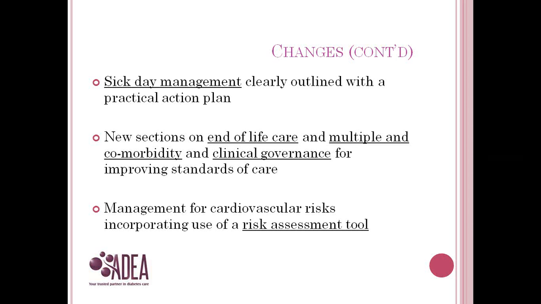Other changes are end-of-life care, which is not a significant aspect of clinical care. And this is a completely new section, which is now section 15 in the document, which will assist people to understand some of the issues that need to be applied to that particular clinical process.